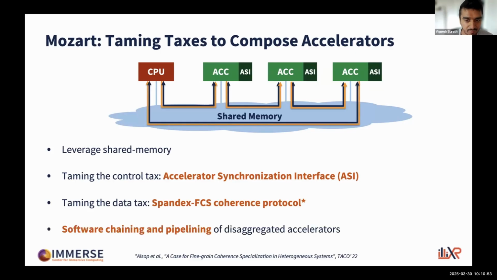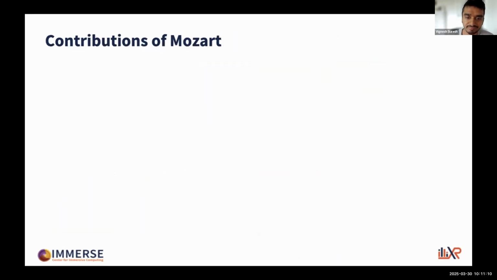Finally, as a result, Mozart enables efficient chaining and pipelining of disaggregated accelerators entirely through software and requiring no additional hardware changes. And in this process, we also promote accelerators to be first-class citizens and not just devices in the system.